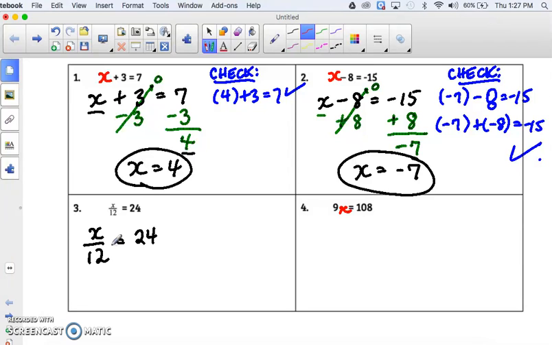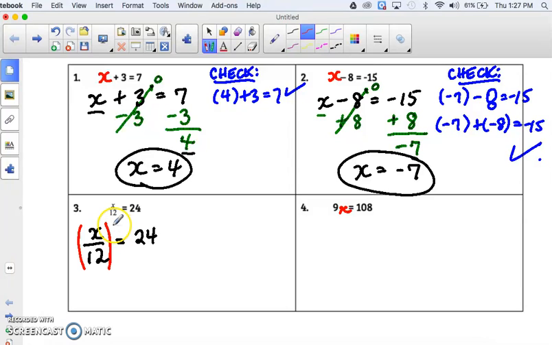So let's continue. Because they are inverse operations, what you're going to do is take x over 12, and I'm going to put this in brackets to signify I'm going to multiply it. Because remember, like I said, it's tricky if you have the multiplication symbol and the variable x side by side.